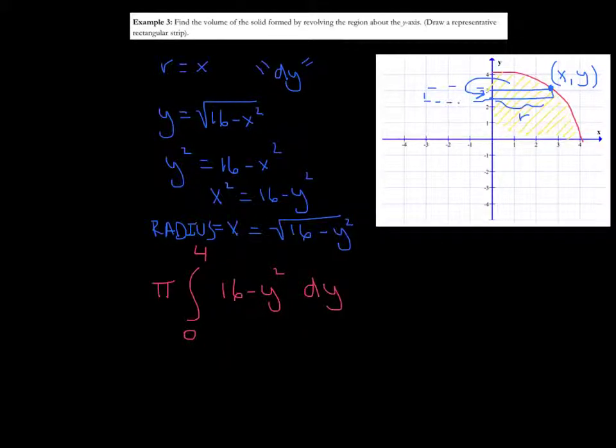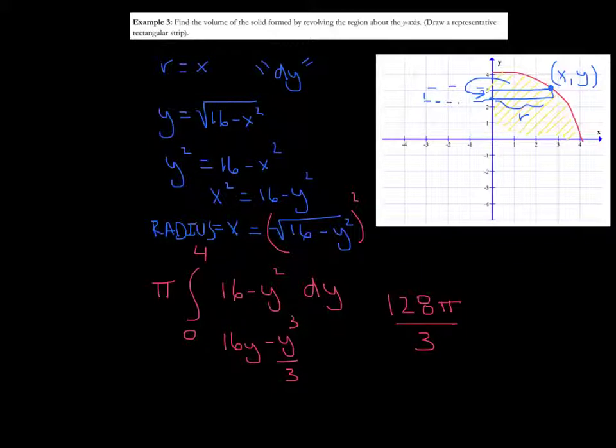Okay, so just so you don't forget, we're squaring that, and the square root goes away. All right, so once again, from here, what you want to do is you want to integrate this one by hand. So that's going to give you 16y minus y cubed over 3. Plug in your upper limit and your lower limit of integration, and you get 128 pi divided by 3. And that is the volume of this particular shape.